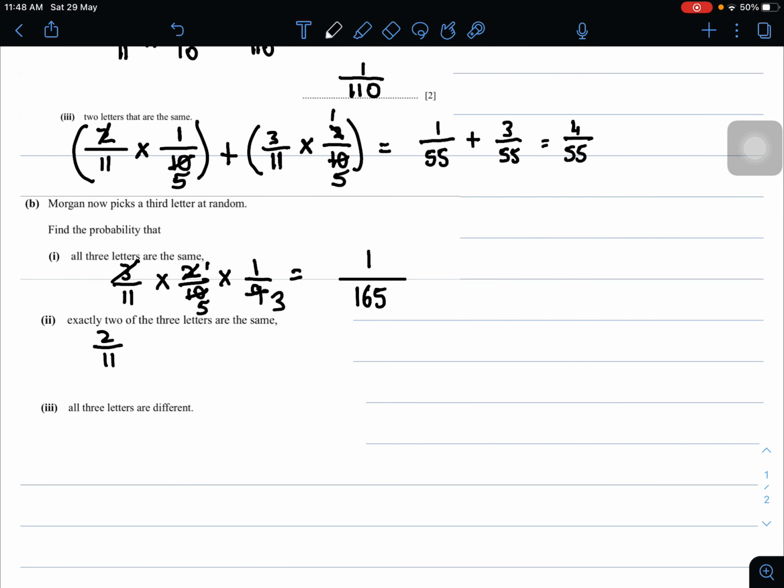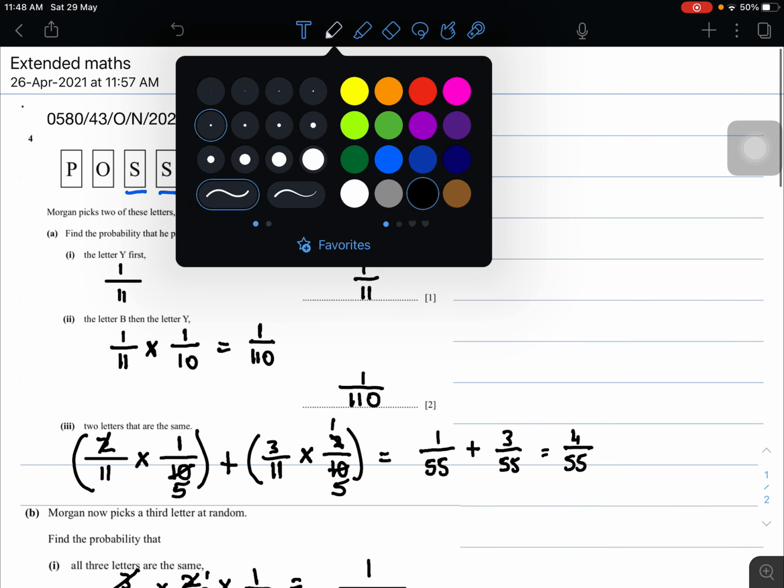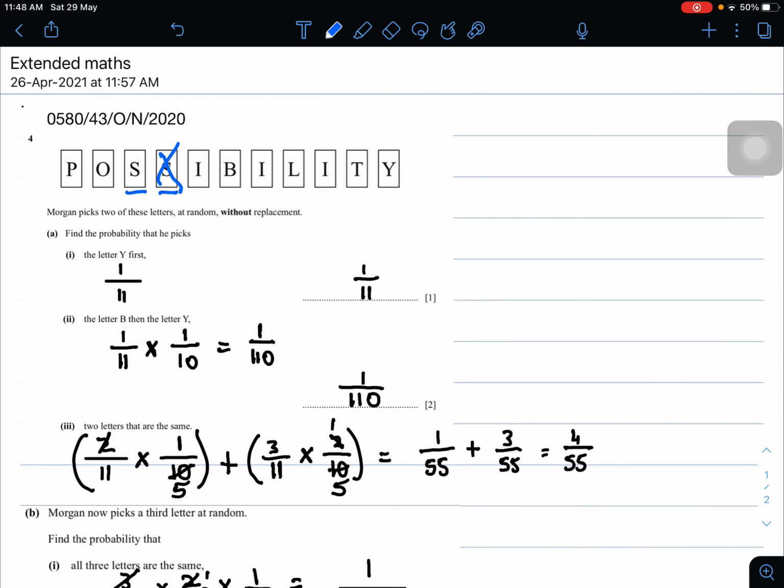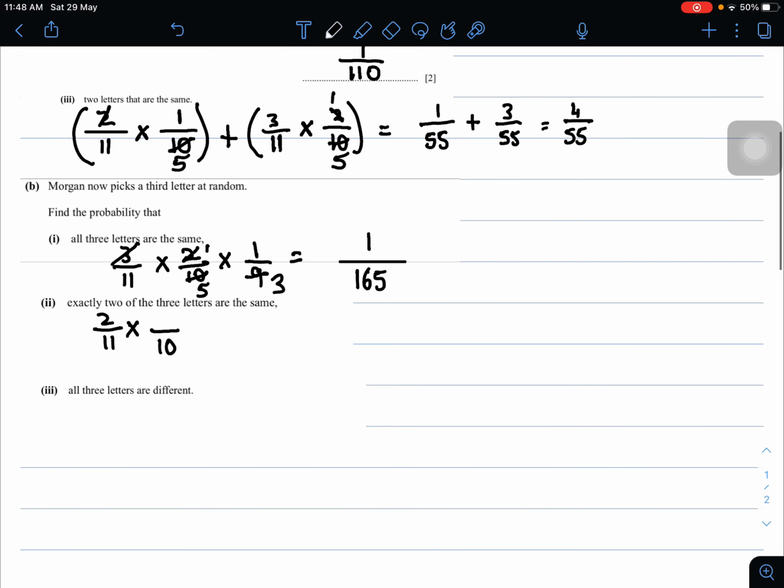So 2 divided by 11 multiplied by, when you don't replace the card, now there are 10 cards left, so your total number of cards would reduce to 10, and your number of S's would also reduce by 1, as you've already removed that 1 S. So if you've removed this 1 S, there's only 1 S remaining. Therefore your new probability of picking an S in the second try would be 1 divided by 10.